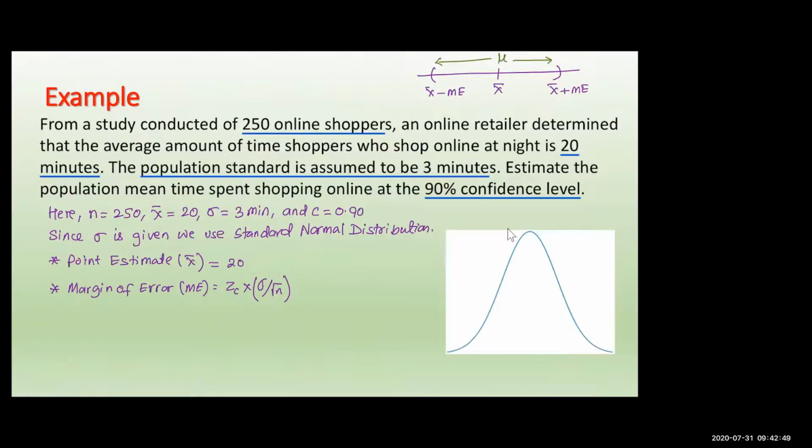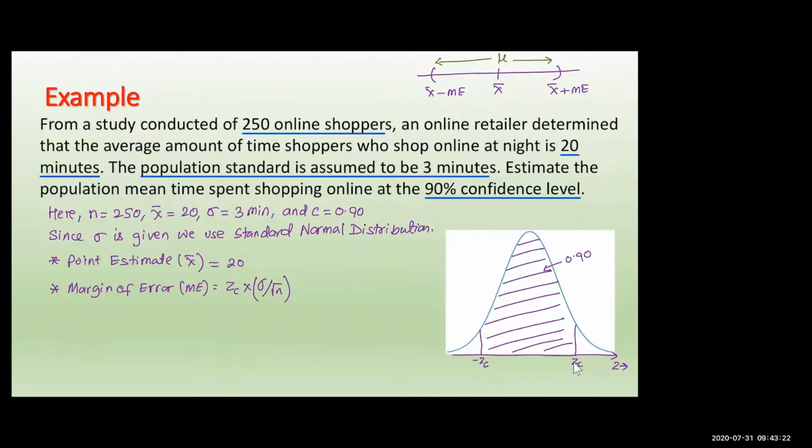So in a standard normal distribution, you have the z score along the x-axis. We are looking for 90% confidence level, so the area in the middle is 90%. This is your middle 90% area. This value is the z critical, z sub c, and this is negative z sub c.